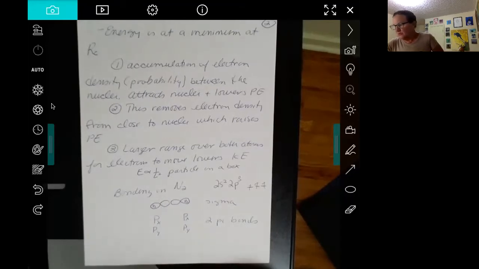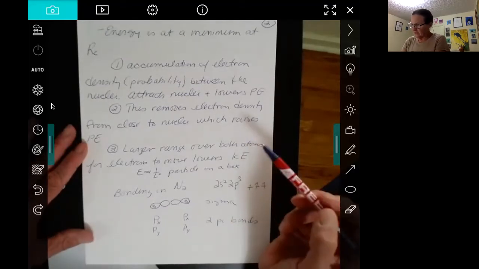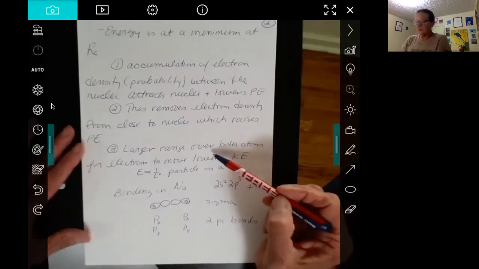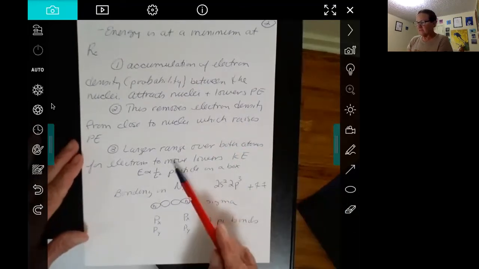This also removes electron density from close to the nuclei, which raises the potential energy. So if an electron really wants to be next to the nucleus and you move it away and put it in that region between the bond, that raises the potential energy. So that's not favorable for the bond forming. And then also, when you put an electron and allow it to move through a whole molecule instead of just around an atom, it has a larger range.